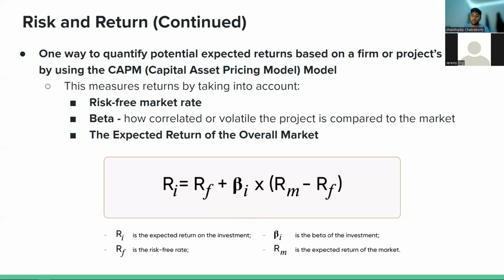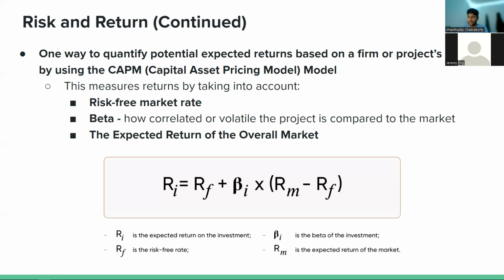If you're talking about a publicly traded company, for example, when the overall stock market goes up 5%, what is this stock or investment doing? Is it going up? Is it going down? If it goes down, that means the beta is negative, which means this project is negatively correlated with the market. If it's positive, then it is positively correlated with the market.